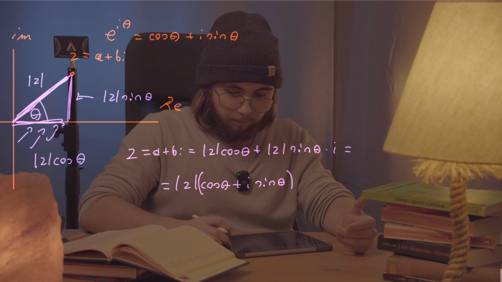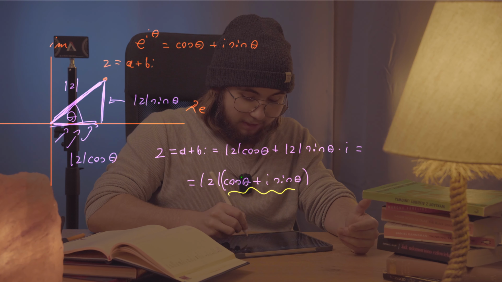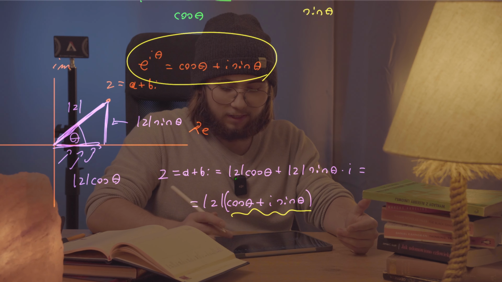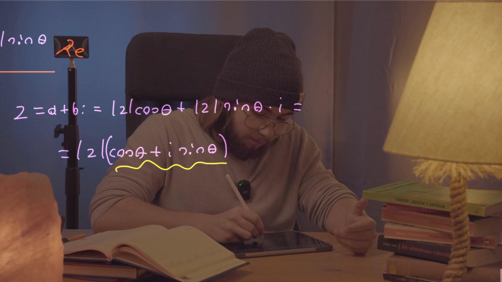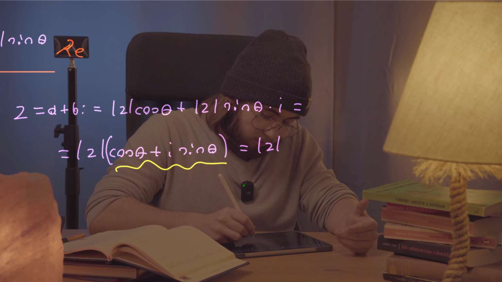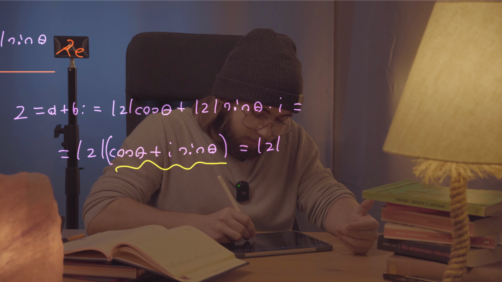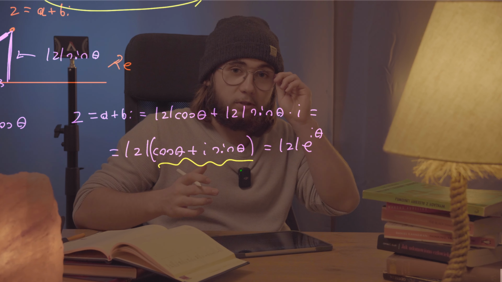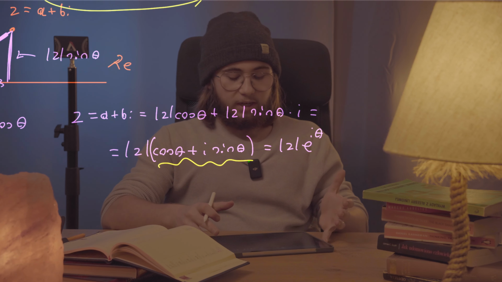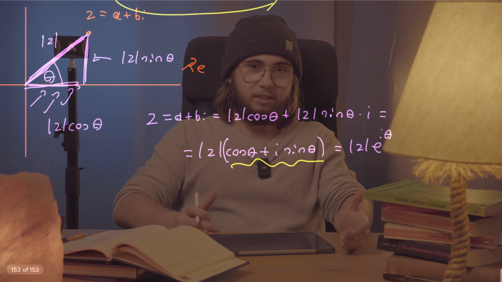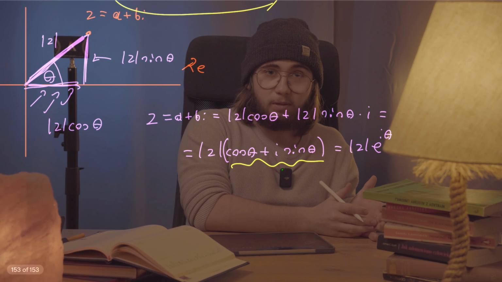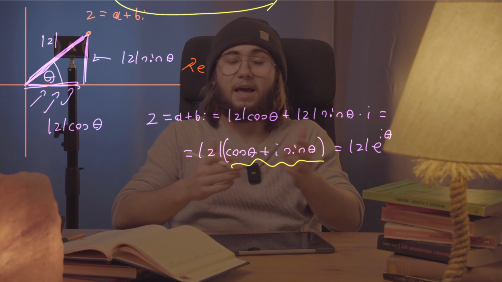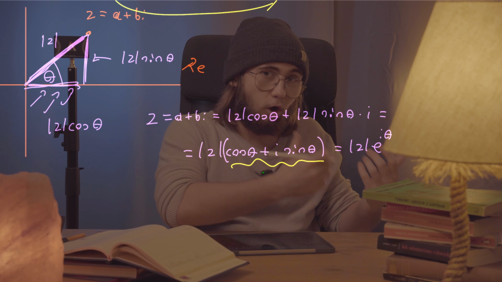But wait, we've just proven that this guy right there is equal to e to the power of i times theta, and so we can rewrite this entire thing as just the modulus of z, so the absolute value of z times e to the power of i times theta. And so we can represent any complex number as just the length of the line segment connecting it with the origin multiplied by e to the power of i times the angle between the real axis and the line segment that connects it to the origin.